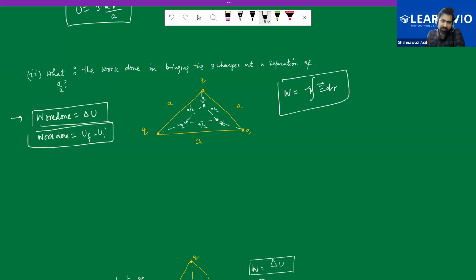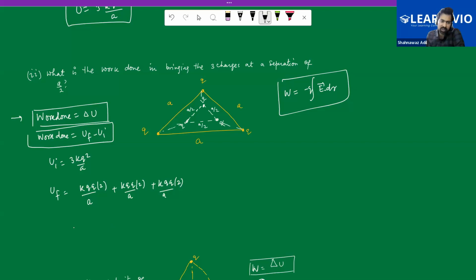For initial energy, we have already calculated, that is 3kq squared by A. Now what would be the final energy? That would be kqq by A by 2, and then kqq by A by 2, and then kqq by A by 2, right? Because the separation has become A by 2.